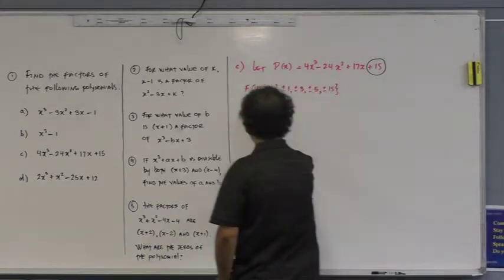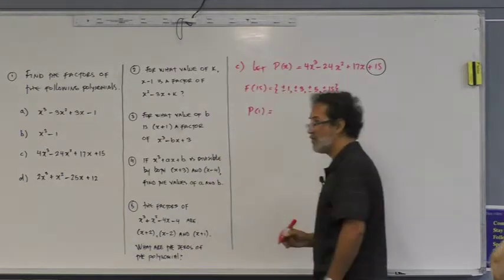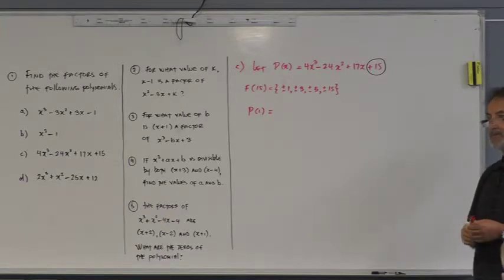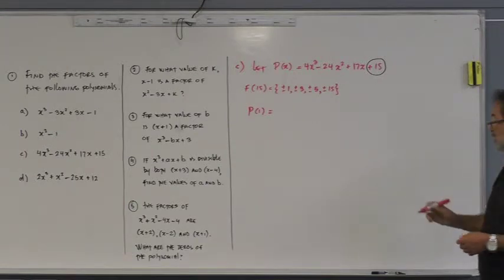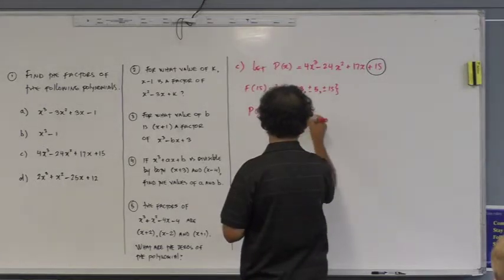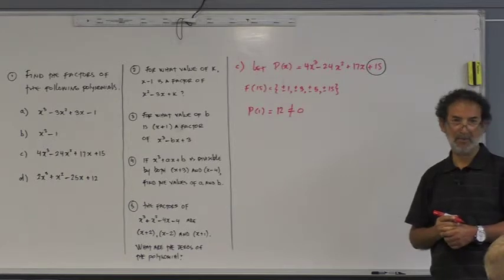If you substitute, P of 1, can you please tell me what the answer is? It's 12. So we're going to say that this is 12, and that is not equal to 0. No luck.